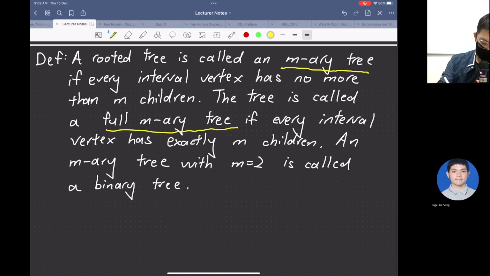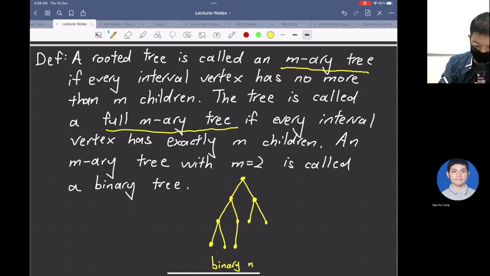So let me draw you the binary tree picture. When m equals 2, all the internal vertexes have no more than 2 children. So this is a binary tree, but it is not a full binary tree, because you only have one child here.